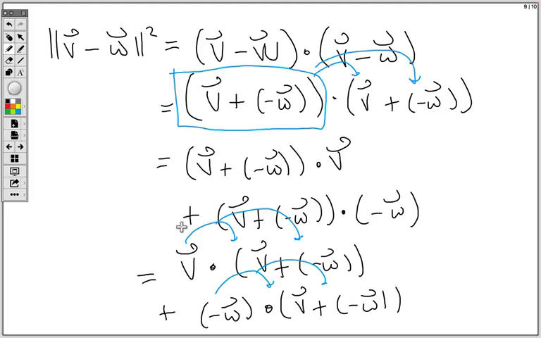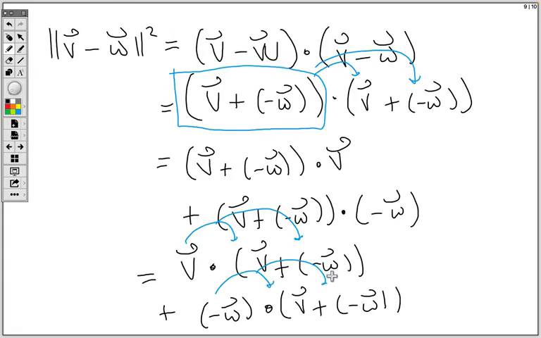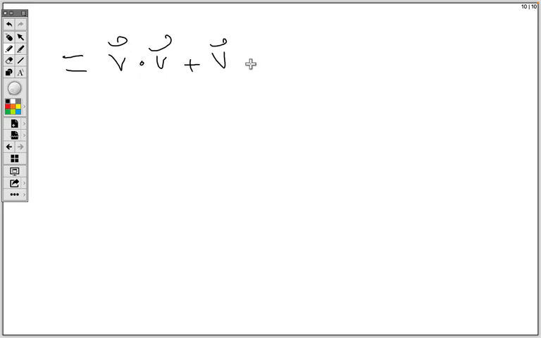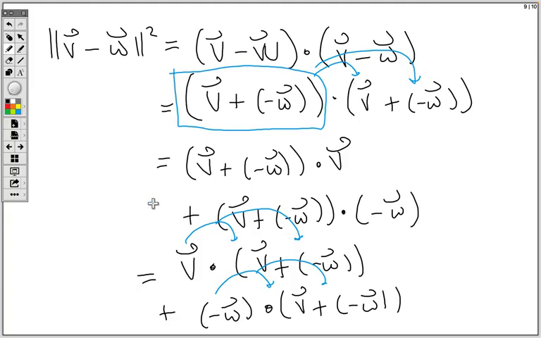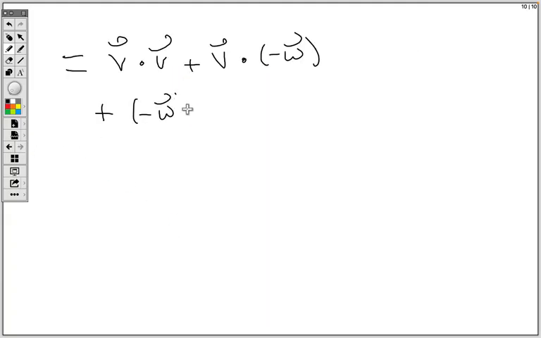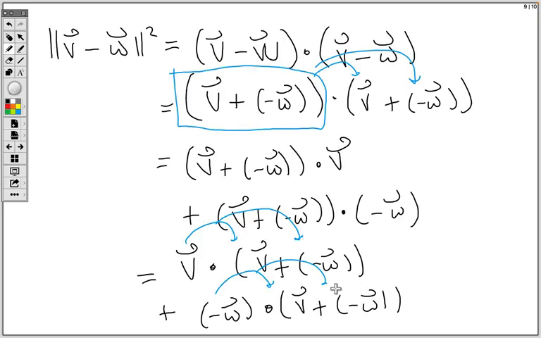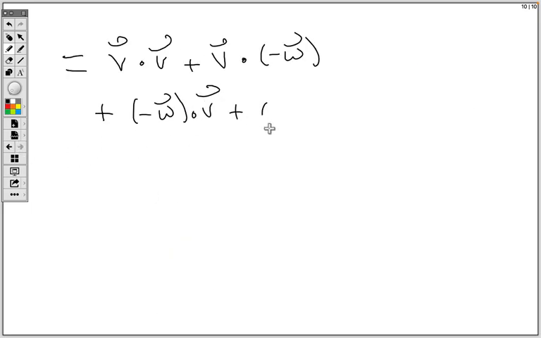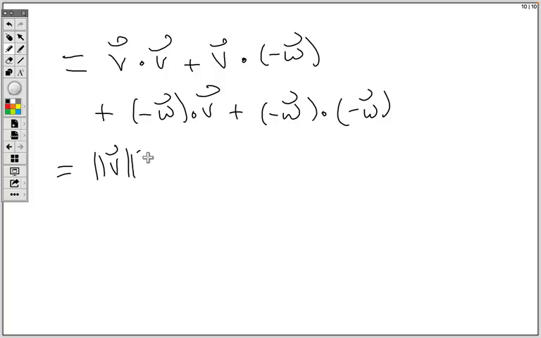So this is going to equal, I've got a v dot v, plus a v dot the opposite of w, plus the opposite of w dot v, plus the opposite of w dot the opposite of w. So v dot v, I know I can replace that with the magnitude of v squared.